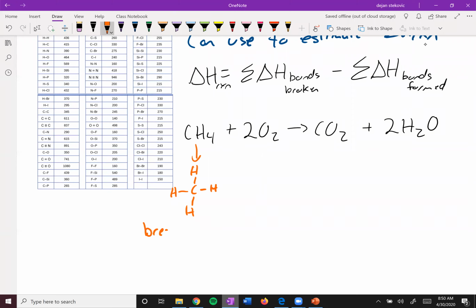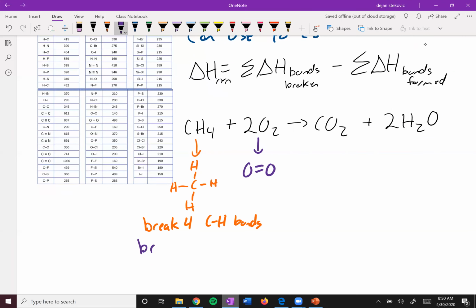So we're going to break 4 CH bonds. And then we look at this O2. If we were to think about the Lewis structure there, I'm not going to include all the lone pairs and whatnot, but it's a double bond. And so we're going to break 2 of these double bonds because we have 2 O2s.